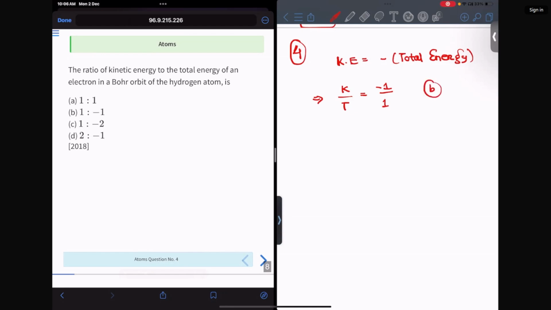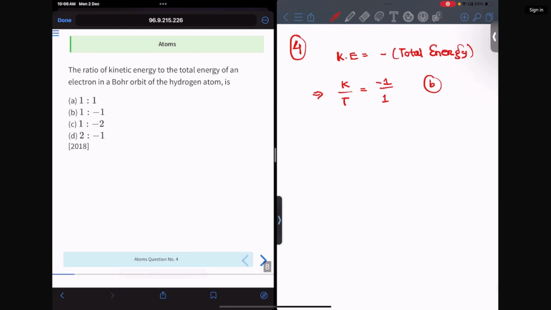But if you want to understand the concept behind it, I would like to explain. You know that the potential energy of an electron in Bohr's orbit of a hydrogen atom is minus k z e into e upon r.